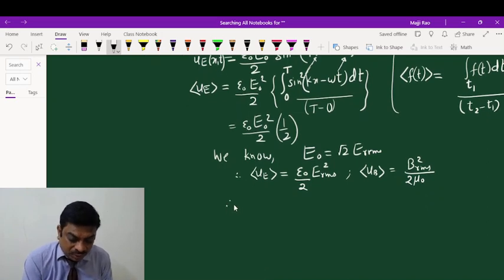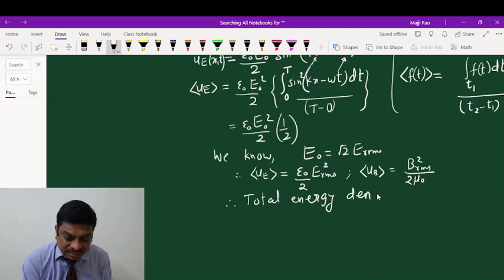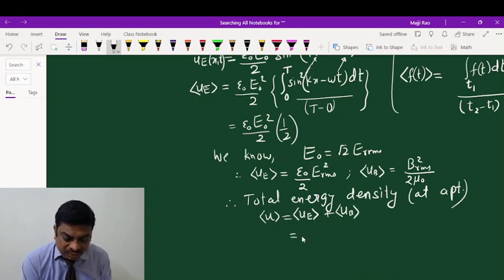So therefore, the total energy density at a point will be the average energy density due to electric field plus the average energy density due to magnetic field, which will be half epsilon 0 E RMS square plus half B RMS square by mu naught.